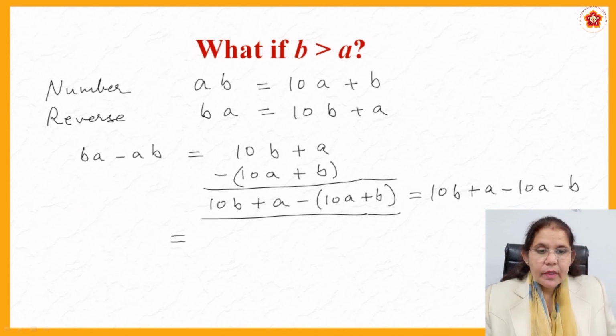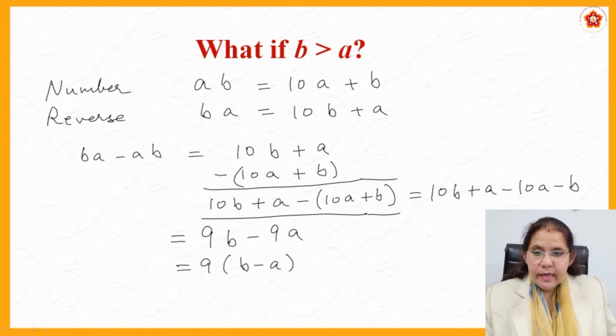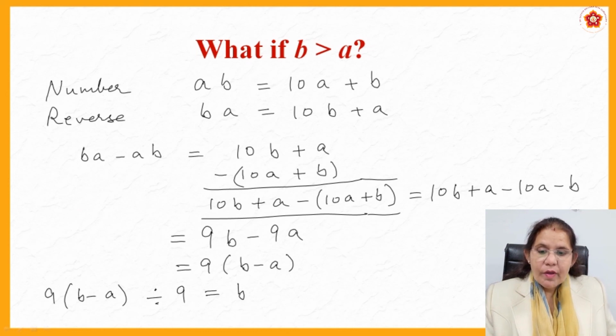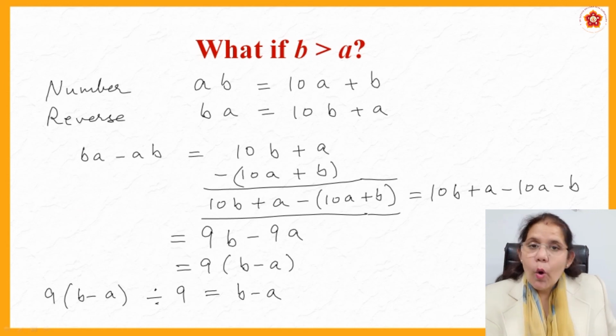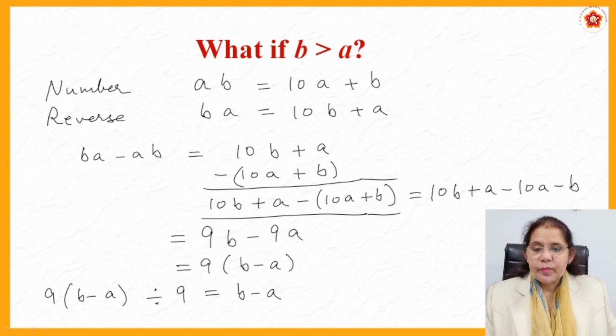What do we get? What is 10B minus B? 10B minus B is 9B. What is A minus 10A? A minus 10A is minus 9A. Again 9 is common. 9(B minus A) is there. Now if we divide 9(B minus A) by 9, we will get B minus A. Remainder will always remain 0.